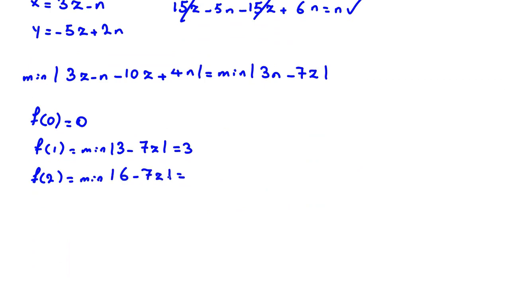So it's good to take z equal to 1. Okay, 6 minus 7 is negative 1, absolute value 1. Okay, now that we found this formula, we can easily calculate, and then you can find the pattern. Try this part on your own.